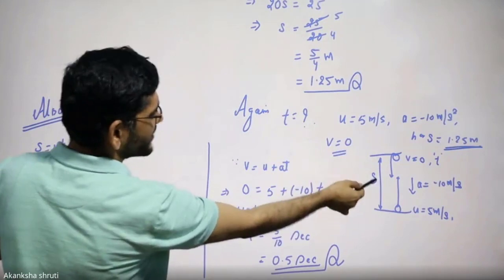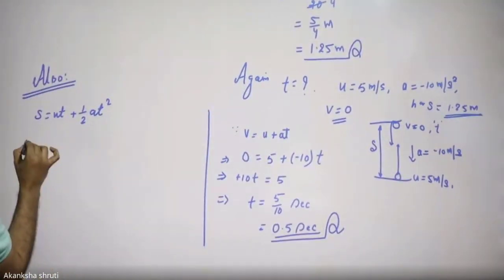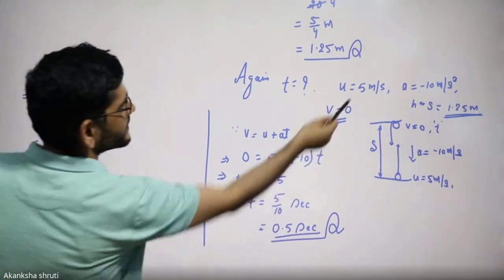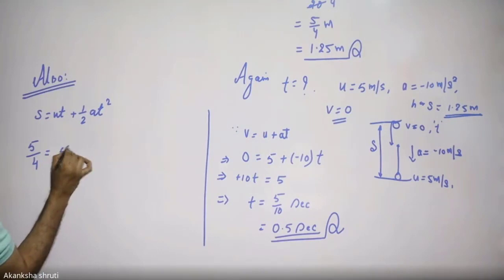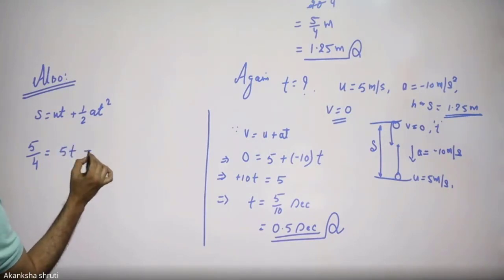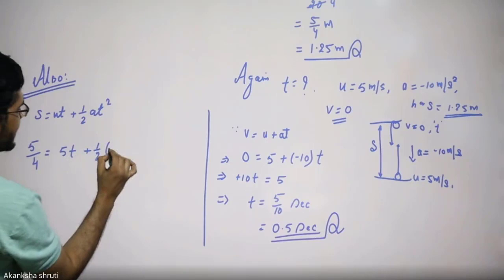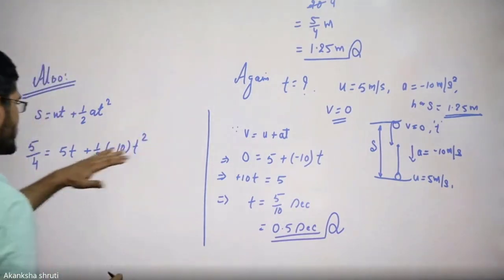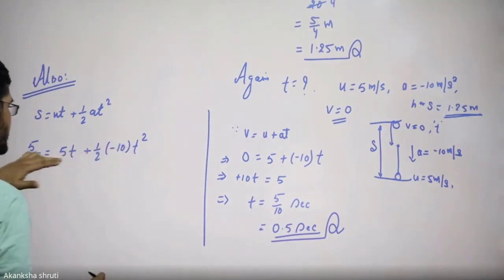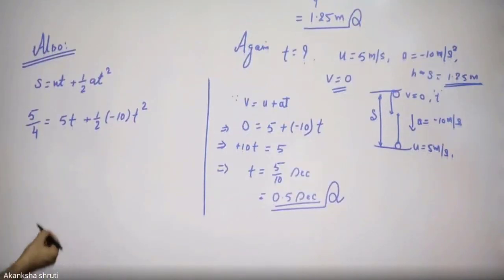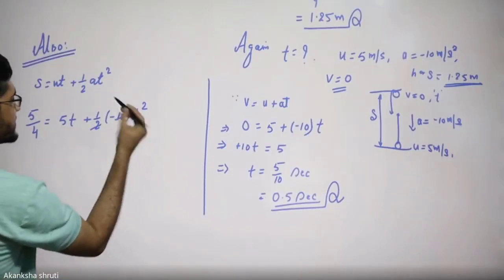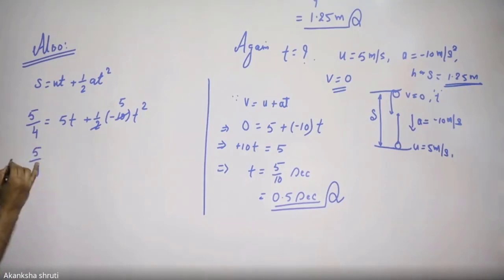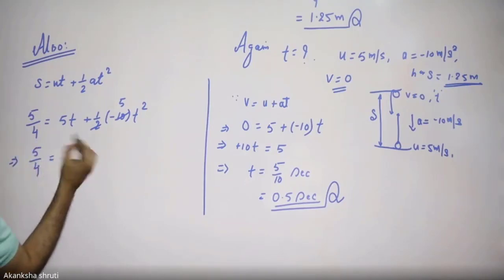So here the maximum height is 1.25, or let me put this as 5 by 4. U is given as 5t plus half, the acceleration is minus 10, into t square. But what we are going to get here, t is a square, so that is important here. So you may cancel this as the 5. So 5 by 4, see, we will get the same result. The other time will come negative, which will not be possible.